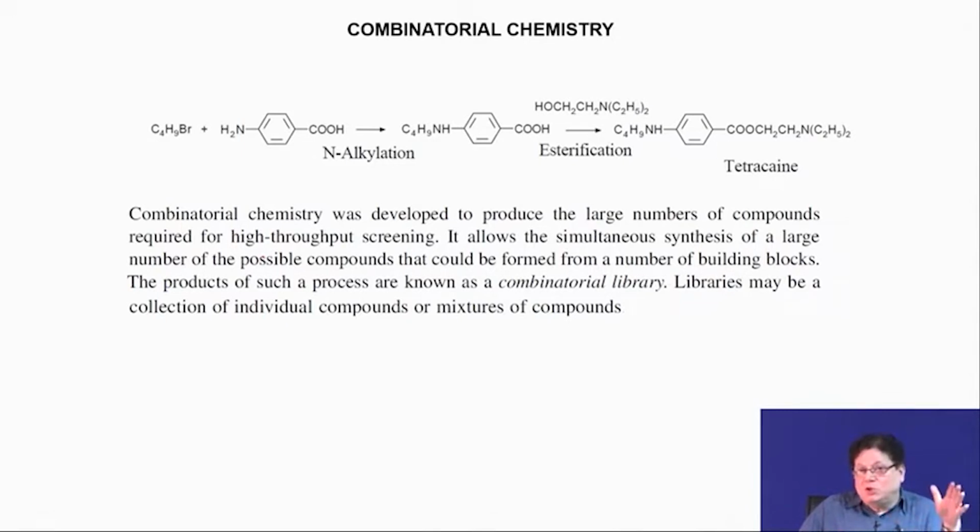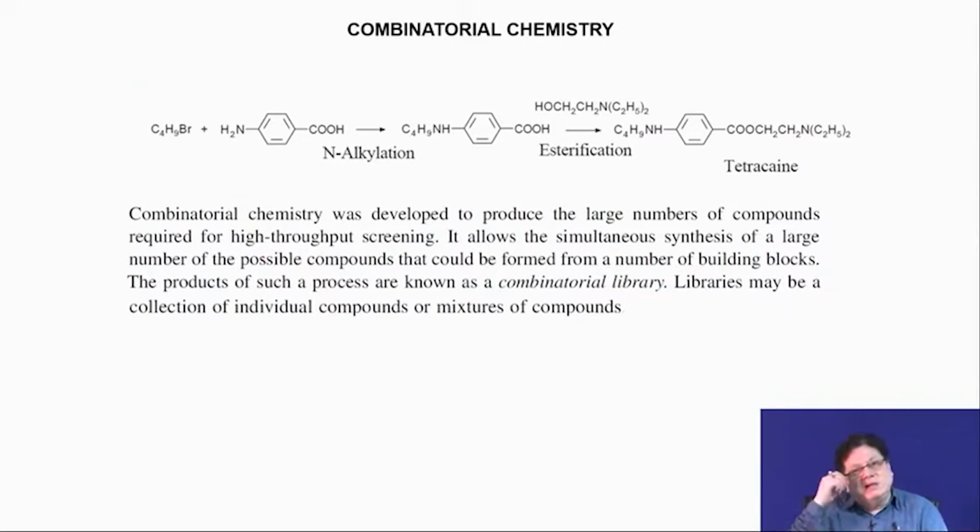Things were very slow, but after high throughput screening, every day you can screen a large number of molecules. That immediately put pressure on the organic chemist to come up with methods which can produce a large number of molecules per day, so they can be supplied to the biologists.